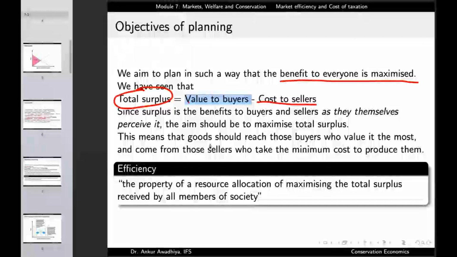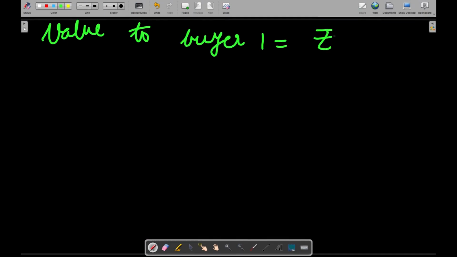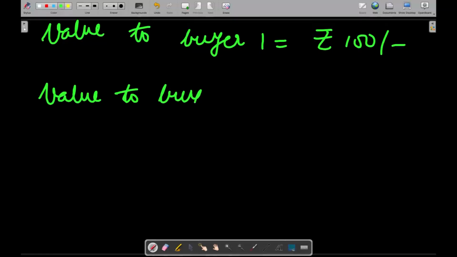Which means that if there are two buyers, and one is putting a value on this pen of, say, 100 rupees and the other is putting the value to be, say, 50 rupees. What we are saying here is that the value to buyer 1 is 100 rupees and the value to buyer 2 is 50 rupees.